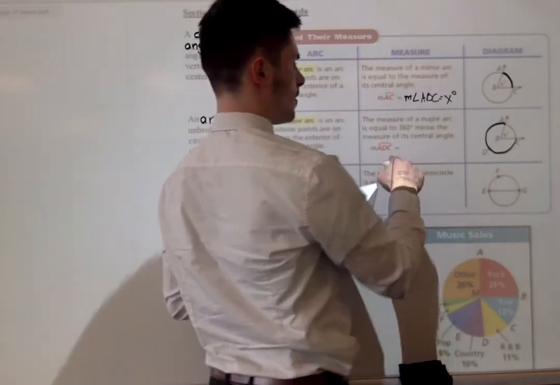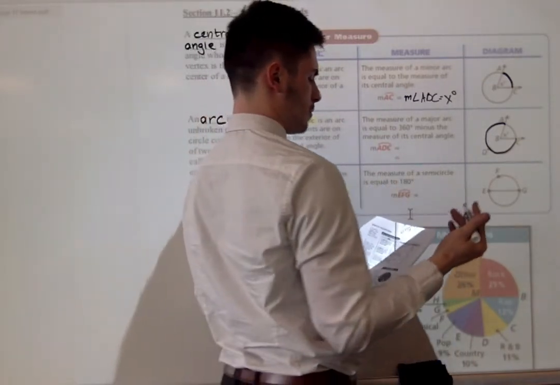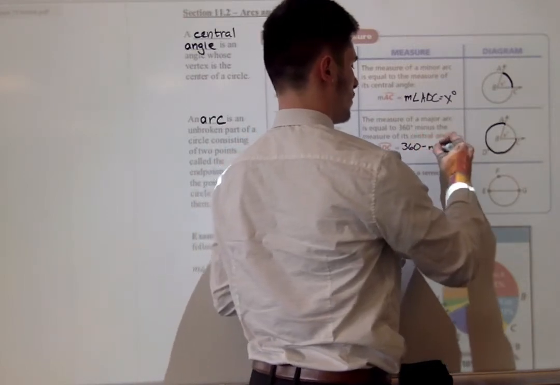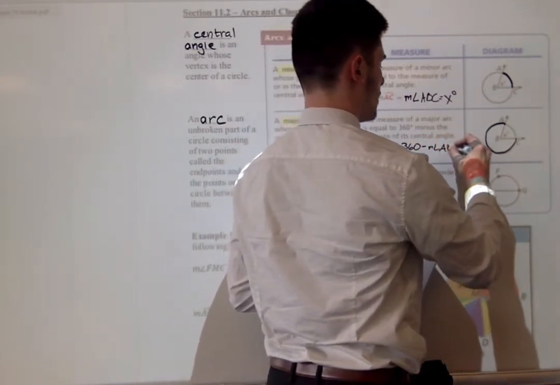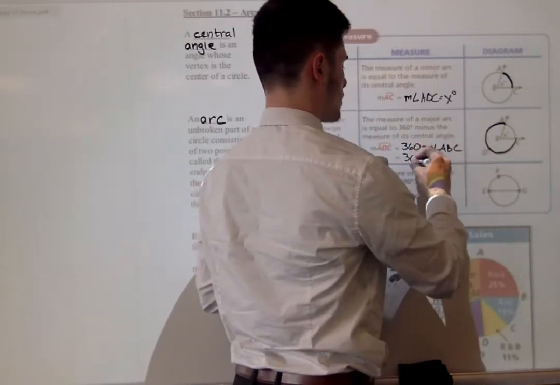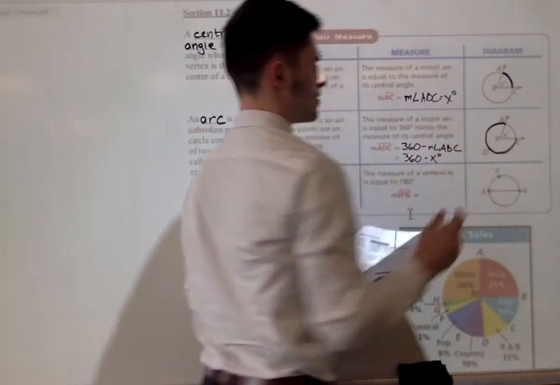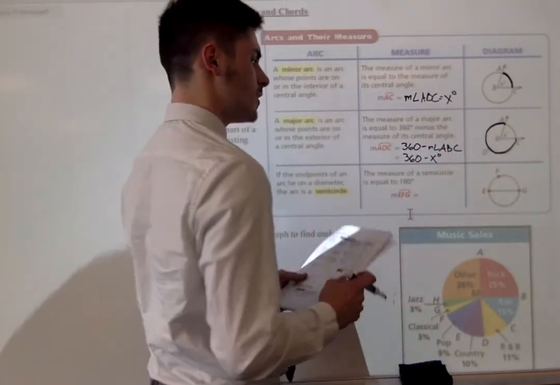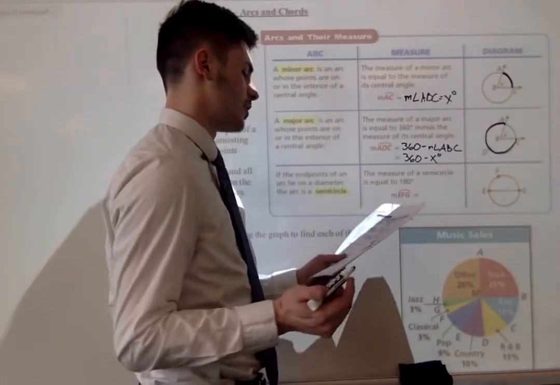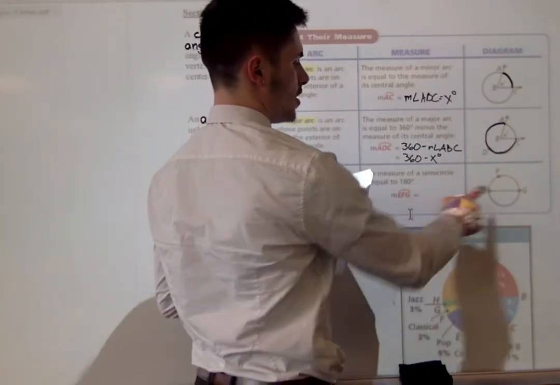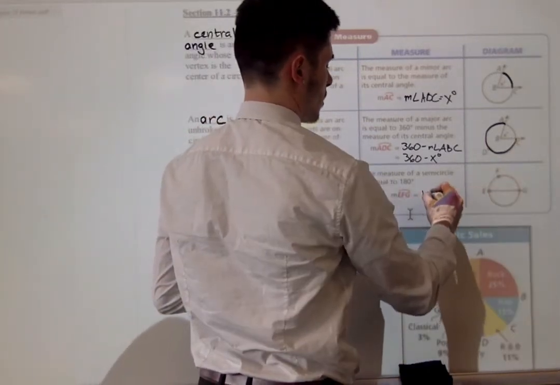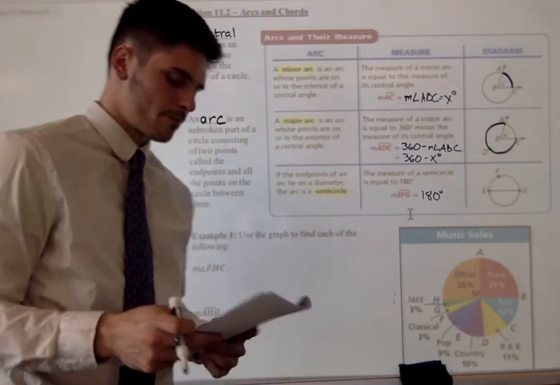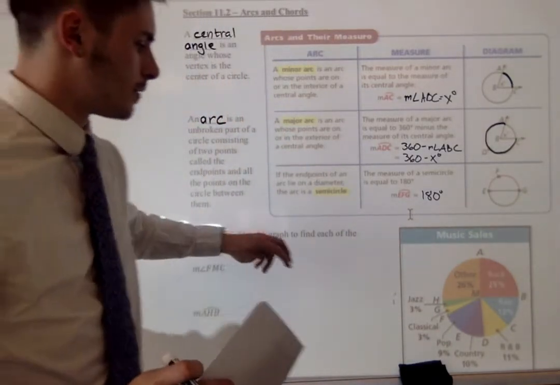Same thing down here, except this time it would be 360 minus the measure of angle ABC, or we can say 360 minus x degrees, because x is still our central angle here. The measure of a semicircle is equal to 180 degrees, so the measure of EFG equals 180. Simple enough there.